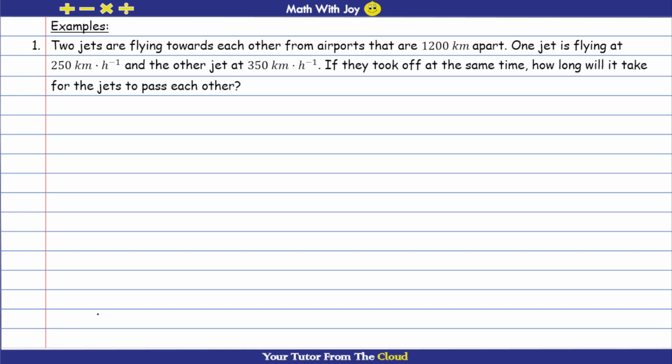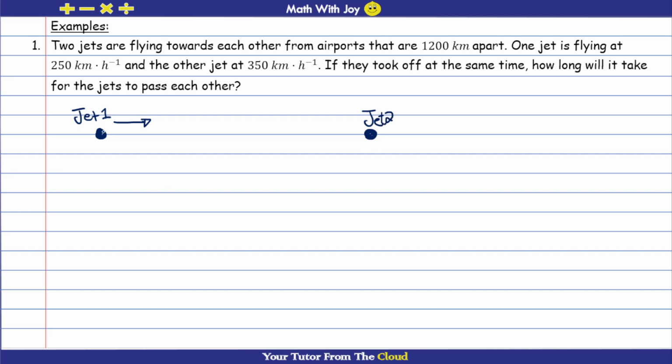So let's already try to draw a story for ourselves. On one end, let's say jet 1 is going to fly to the right to collide or maybe pass the other jet over here, which is jet 2.